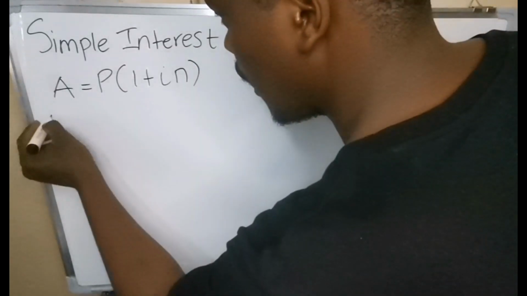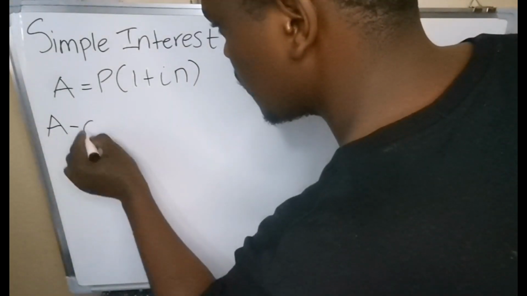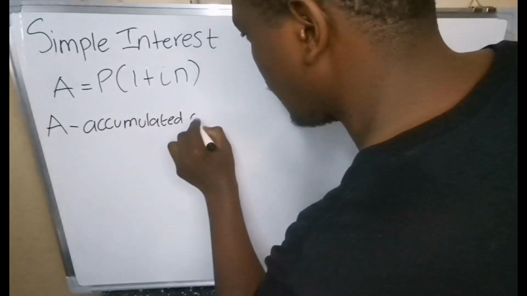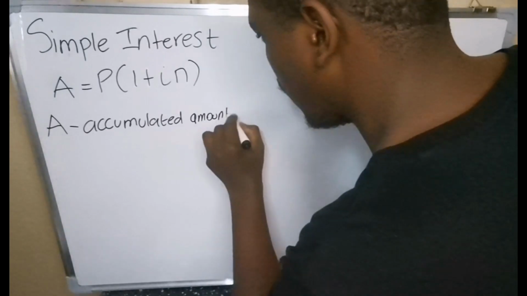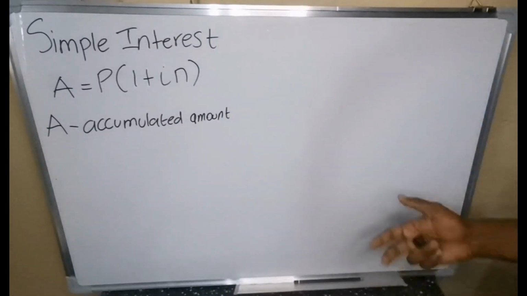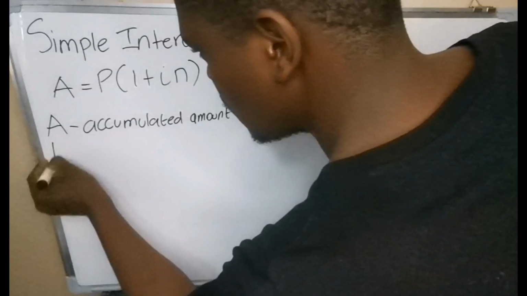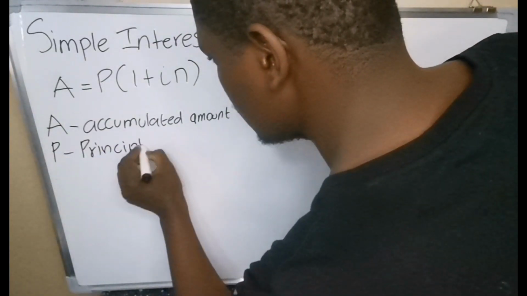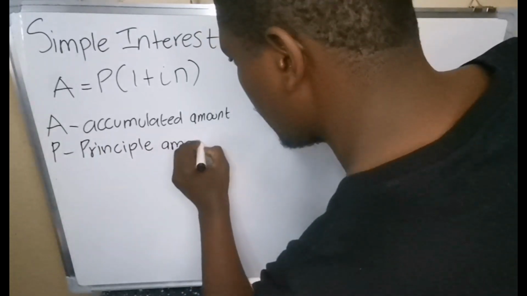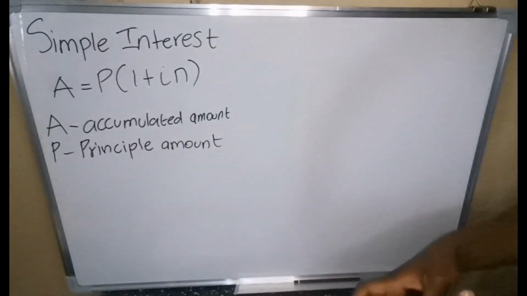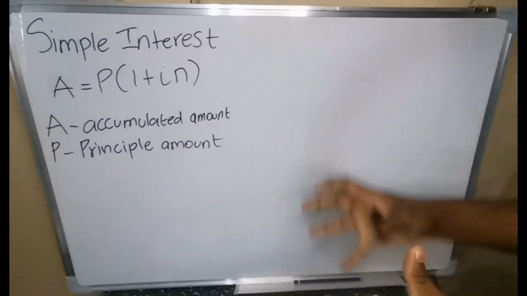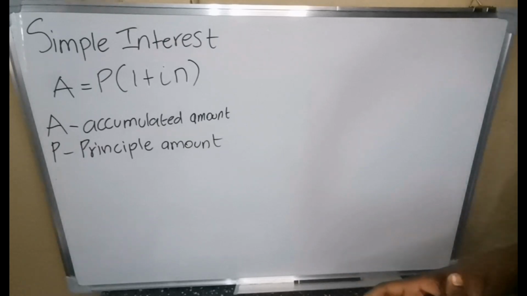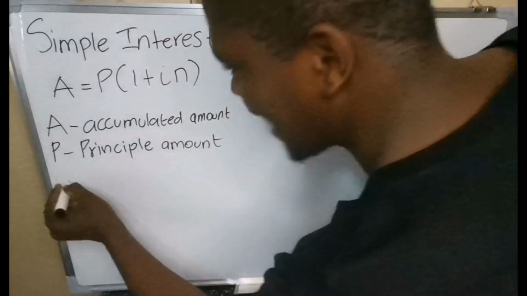Our A represents the accumulated amount, or the total amount. Then our P represents the principal amount, or the initial amount, or the first amount, or the initial invested amount, the startup amount, basically. Then you've got the I here.